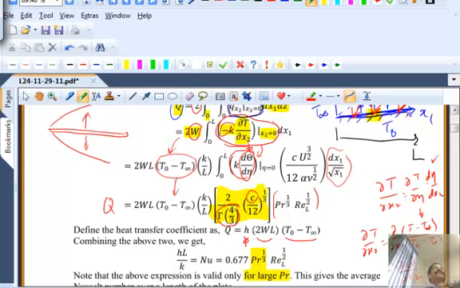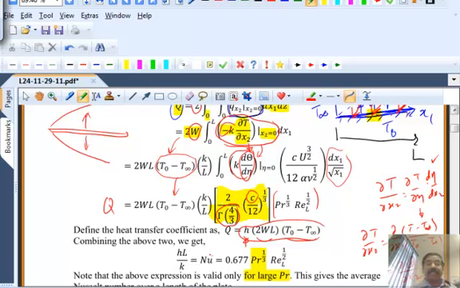In a heat exchanger design, all we want is a heat transfer coefficient. Then we would prefer to use the simpler formula if I know what the heat transfer coefficient is. That heat transfer coefficient must be obtained by solving this complicated problem that we have done, or going directly to the lab and measuring everything else and figuring out what the heat transfer coefficient is.